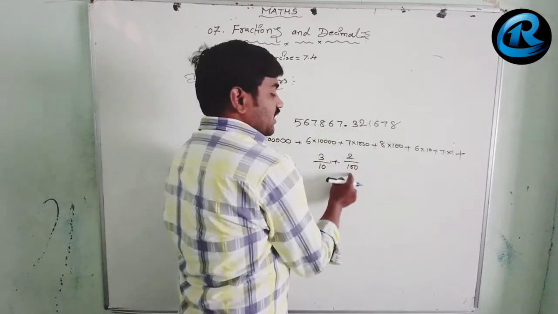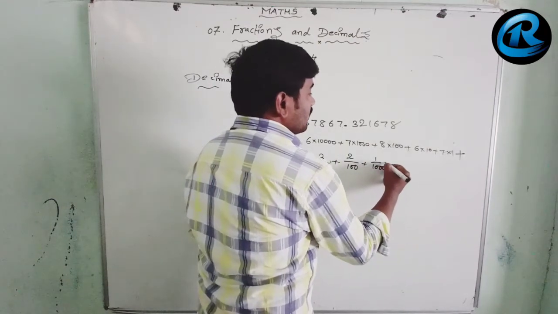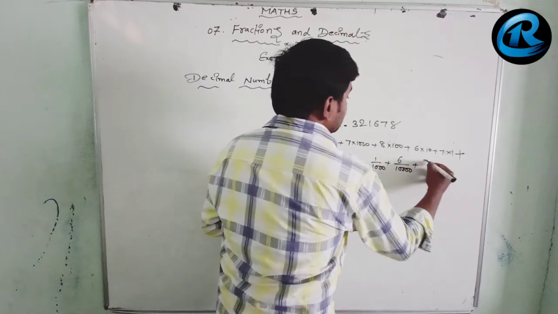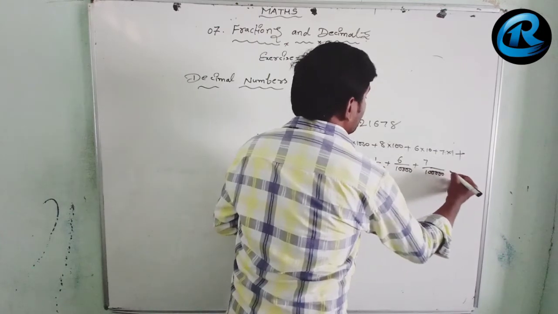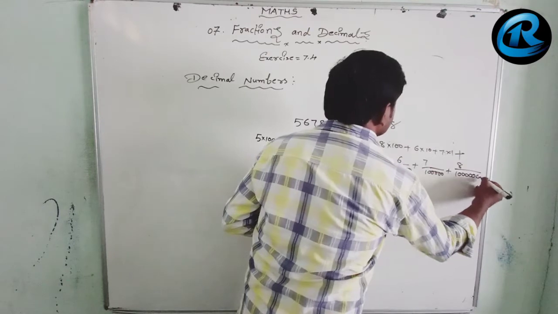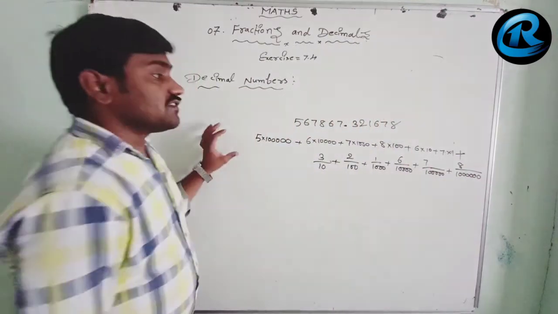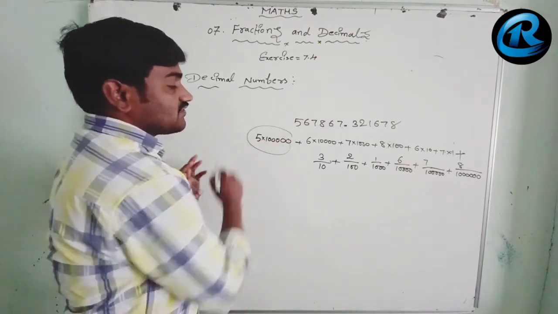If it is the second digit, you divide by 100. If it is the third digit, you divide by 1000, plus 6 by 10,000, plus 7 by 1 lakh, plus 8 by 10 lakh. This is the expanded form of this, and their place values are given.